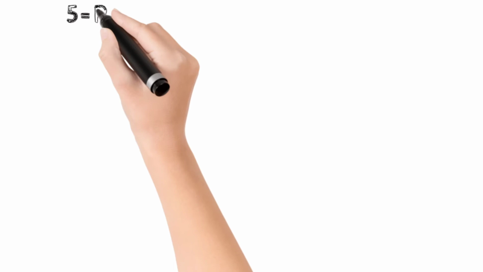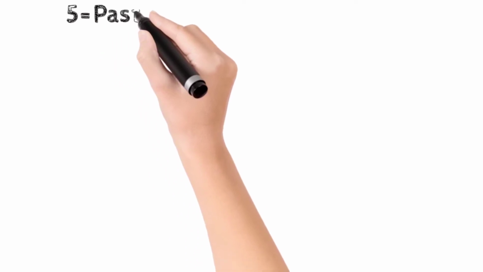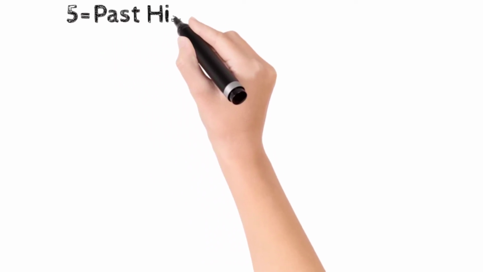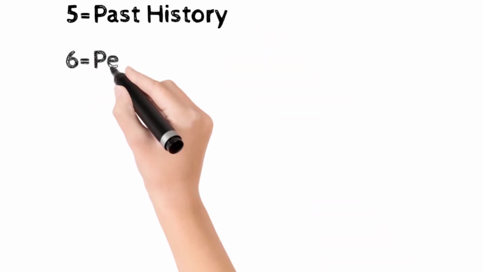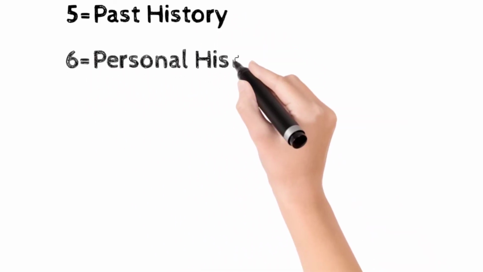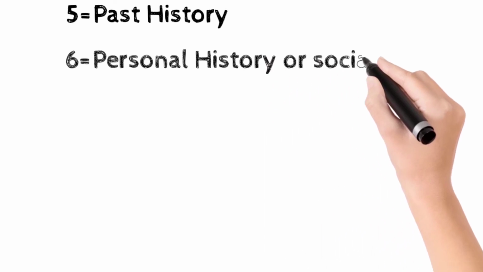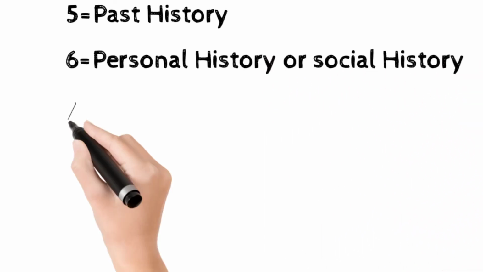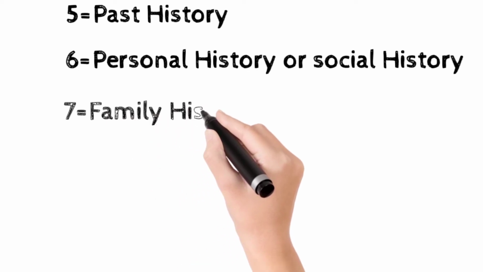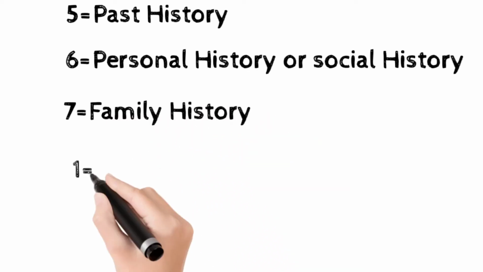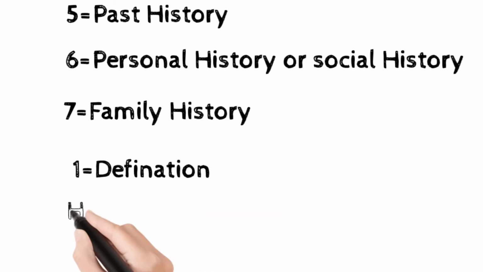Number 5 is the past history of the patient. Number 6 is the personal history or social history, and we will record the socio-economic history also in the social or personal history. And the last is the family history.